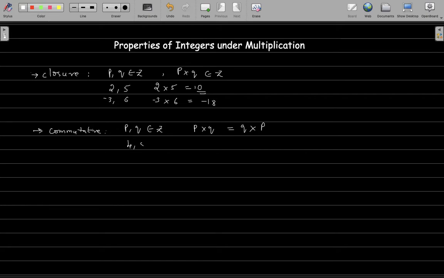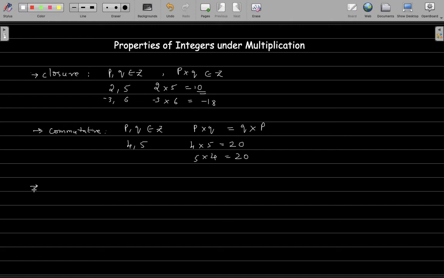Suppose 4 and 5 are two integers, then 4 times 5 will give you 20 and 5 times 4 will also give you 20. That means 4 times 5 is equal to 5 times 4, and hence we say that integers under multiplication are commutative, or the commutative property holds good under multiplication of integers.